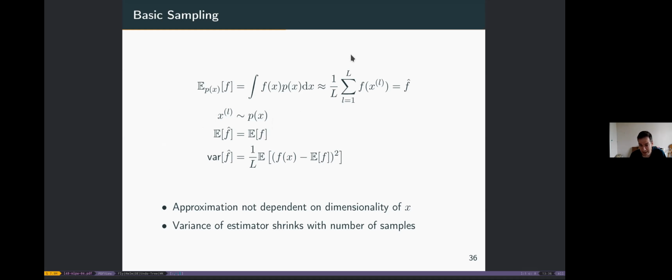If I have the right distribution P to take this over, then approximating this as a sum would have the same expectation, and the variance would shrink linearly with the number of samples. So it shrinks quite slowly, but it still works.